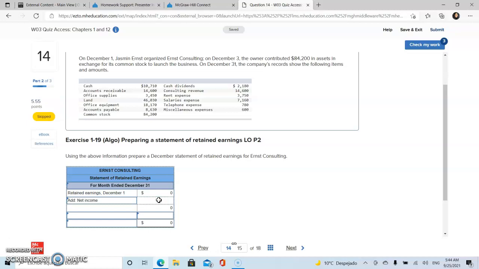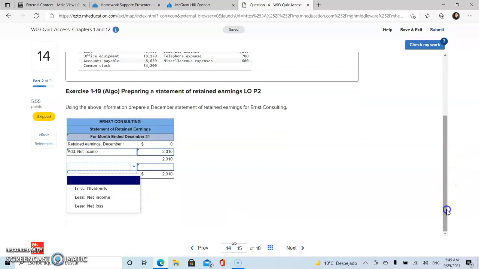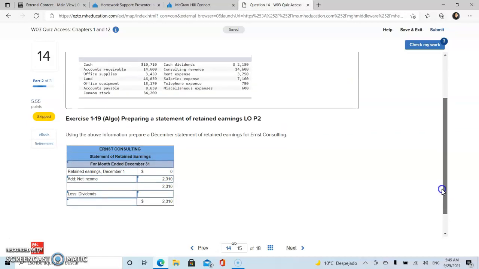So then below this, we're going to put our net income from our last statement, which was 2310. And then we are going to subtract our dividends. And as we can see right here, our dividends were 2180. So we want to put that amount right here.